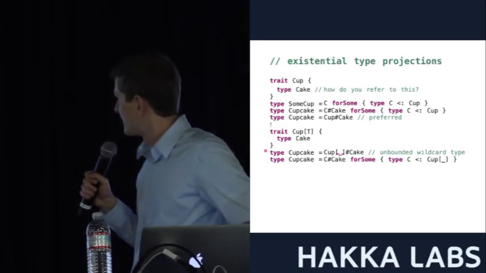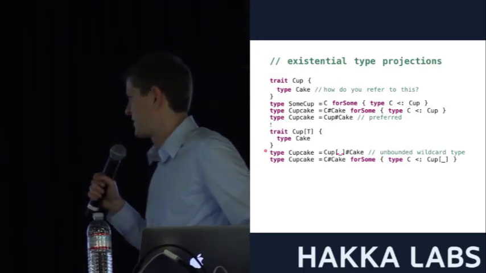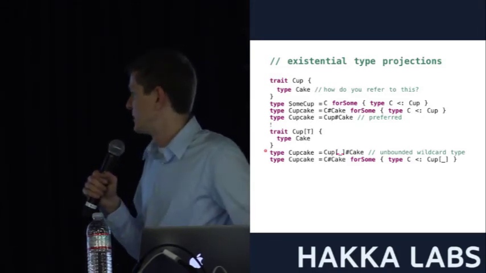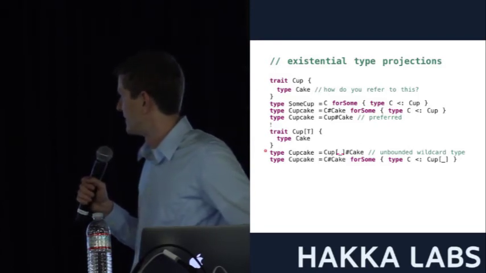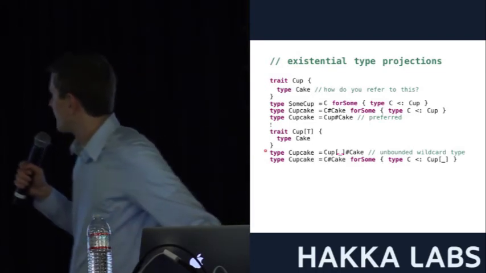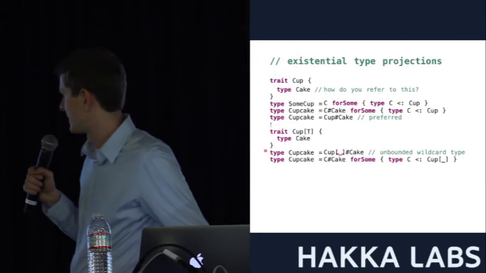And so let's talk about scary existential type projections, which the Scala compiler now warns you away from, makes you import some annoying language thing to even use, which I think is silly. So the first thing to note is that here, I'll go show the next line.